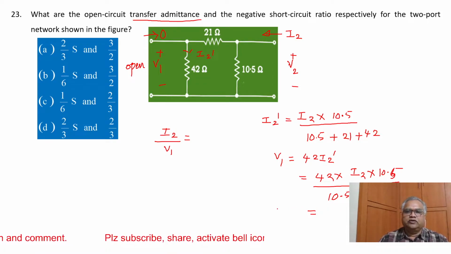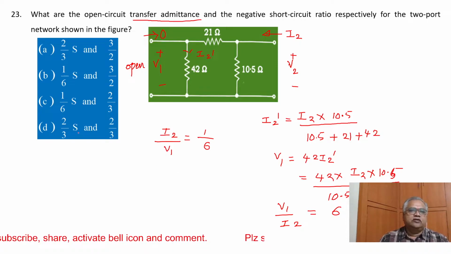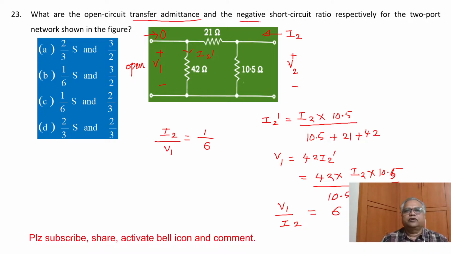So here V1 by I2, you simplify this one, you will get 6. But what we want, I2 by V1, 1 by 6. But here 1 by 6, two answers are there. So definitely A, D wrong. It can be B or it can be C. So compulsory you have to find other also.